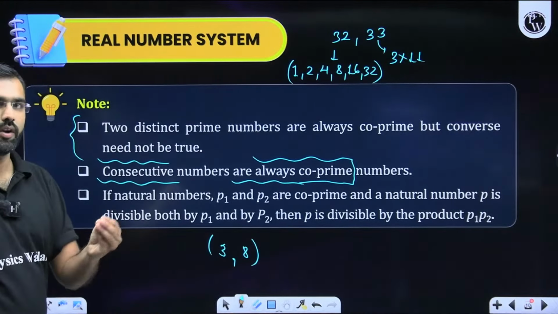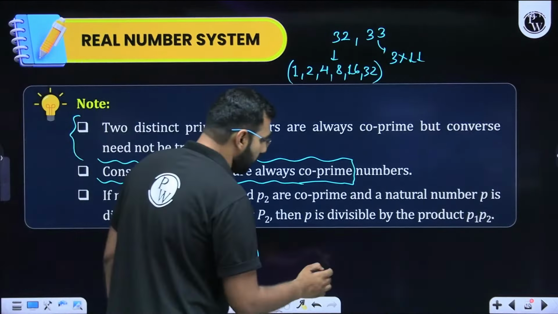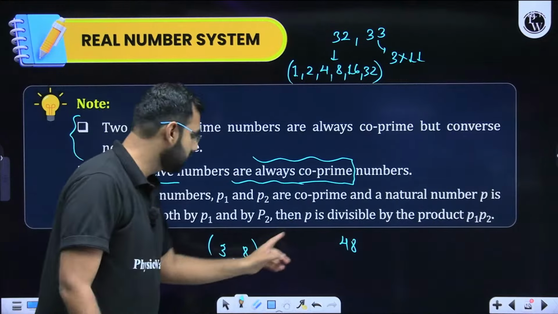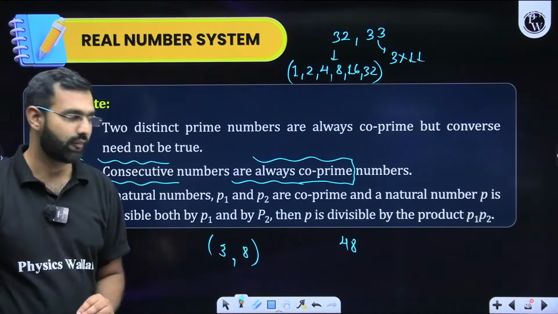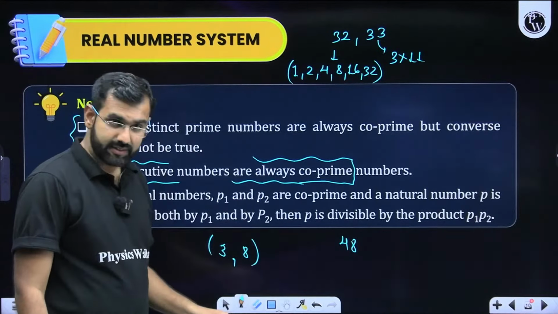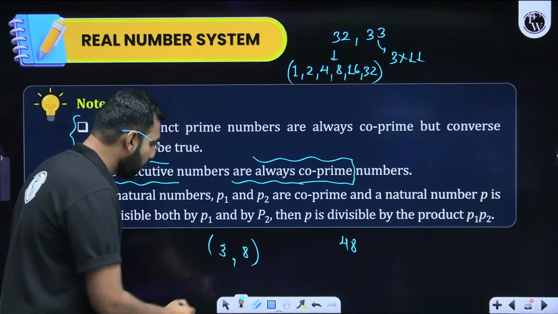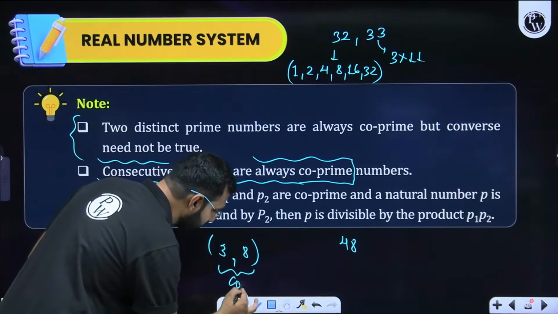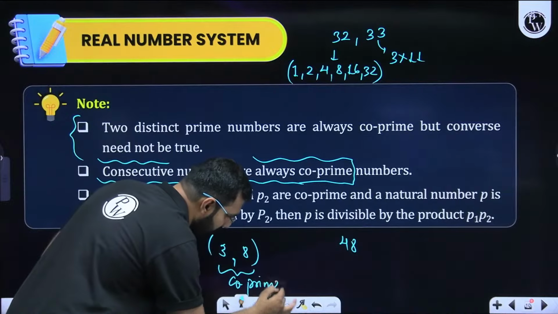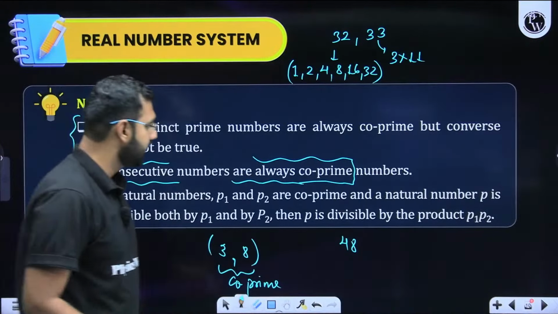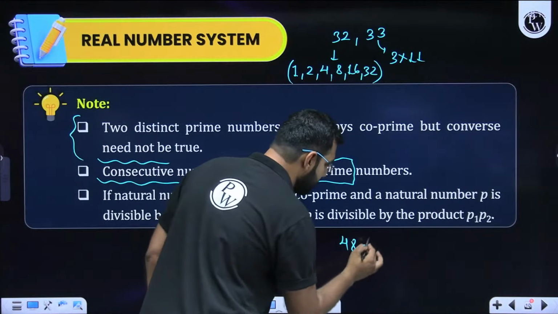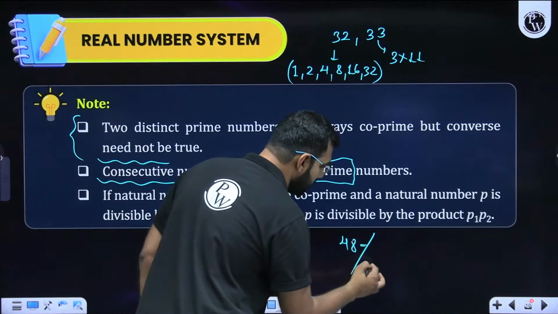Let's call it 48. 48 is divisible by 3 because it is in the table of 3. It is divisible by 8 because it is in the table of 8. So remember this, if a number is divisible by 3 as well as 8, where these two numbers are pairwise co-prime, then this 48 will be divisible by their product as well.